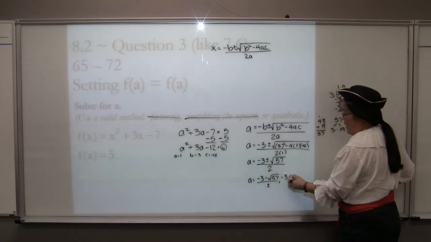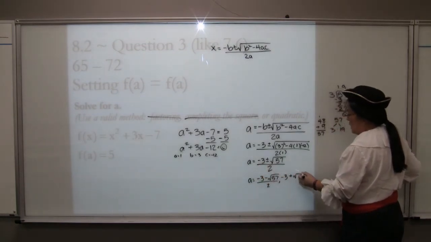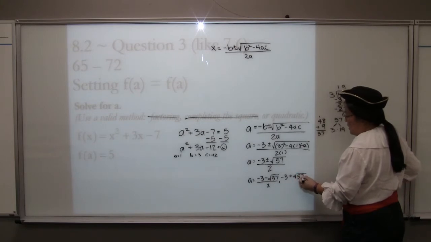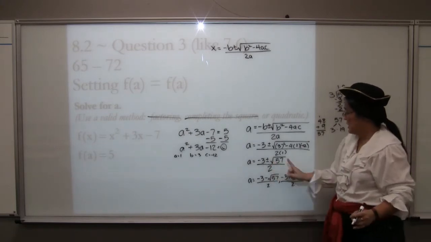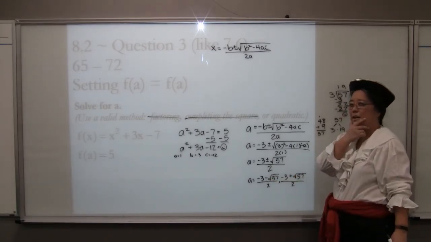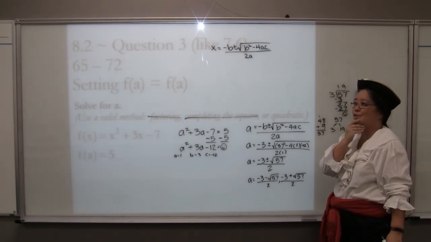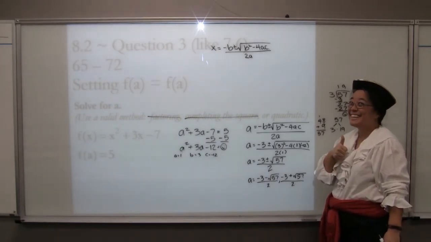Be careful. Did you see that I almost forgot to write that negative there? Ooh, tricky. So these should be the exact same things, only one positive and one negative. Kind of like conjugates from back in chapter 7. It's a thing.